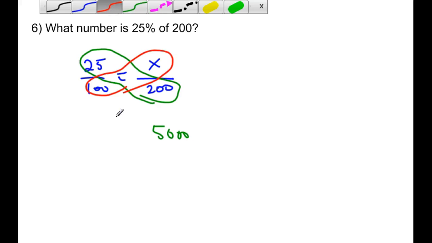Multiply the other direction, you've got 100x. Divide by your 100, and you should get 50 again. Maybe you recognize the relationship from side to side. Take this times 2 and you get that. So take this times 2 and you get 50. Maybe you recognize the relationship up and down. This times 4 would be 100. So something times 4 would give you 200. That something has to be 50.